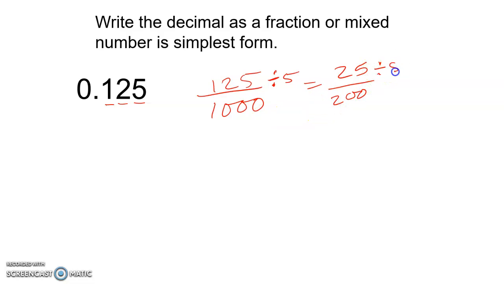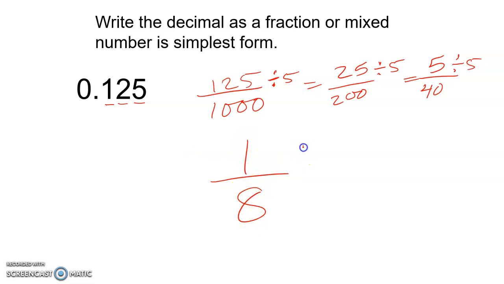Take out another 5. That's going to go 5 times 40. And I got to take out another 5. So I end up with 1 over 8. So 1/8 is 0.125. So make sure you do simplify. Always try to take out 2's and 5's. That's usually what we take out.